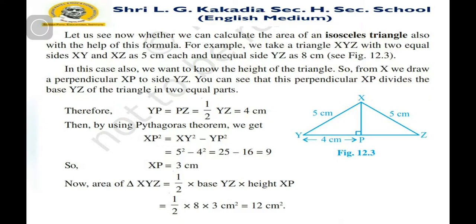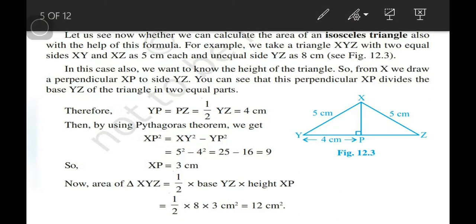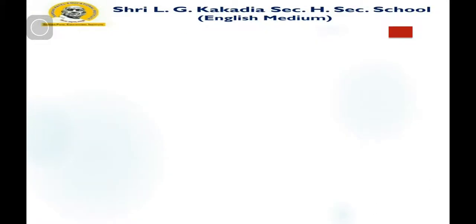But now consider the case where only the measures of the sides are given, and it is not an isosceles triangle, right angle triangle or equilateral triangle.